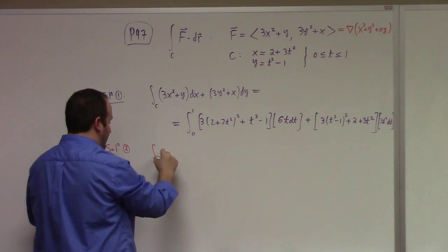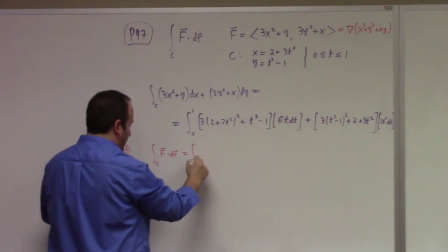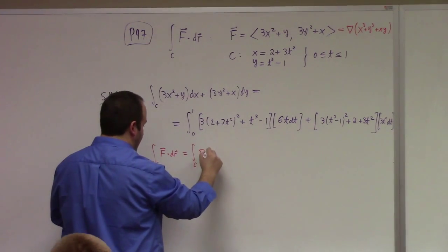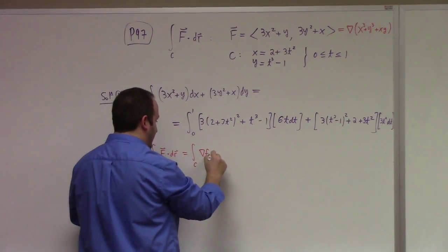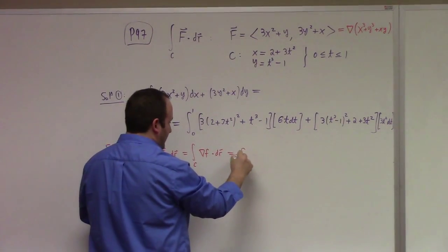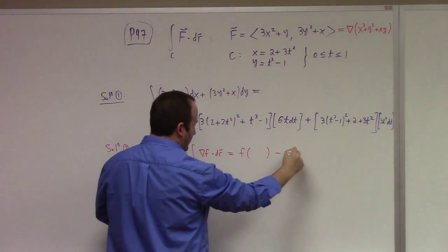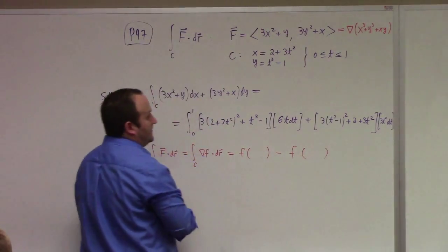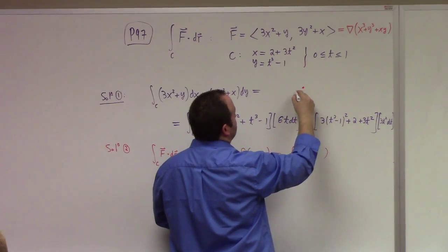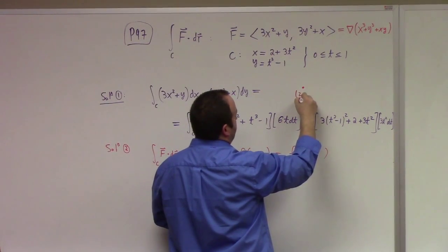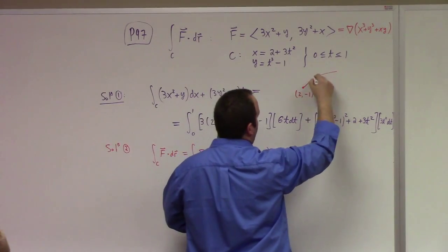So the other way to do it is say, okay, well, this is really the integral over a curve of the gradient of some little function. Let me call it little f dot dr, right? So I just need to calculate f of the endpoints. What are the endpoints on this curve? t equals 0 gives me what? (2, minus 1), right?